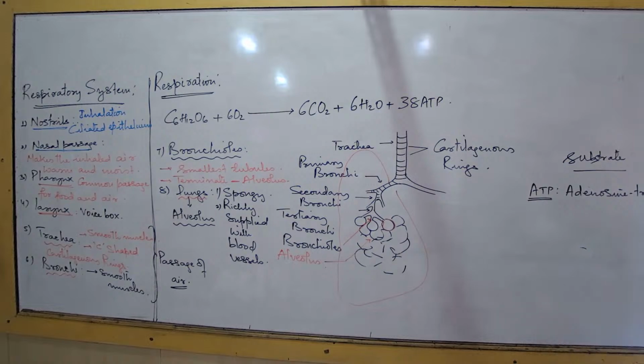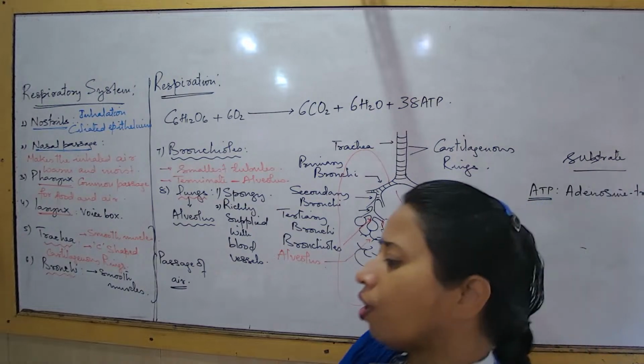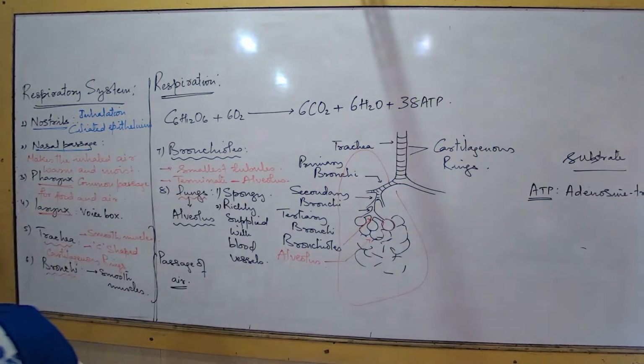Now, for the next part of the answer, write down: two special features of alveolus are number one, a thin wall made of single layer of epithelial cells.